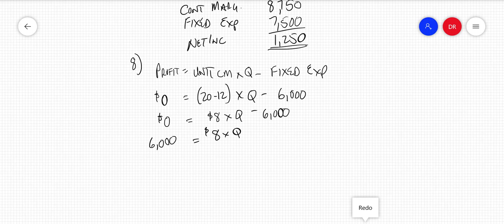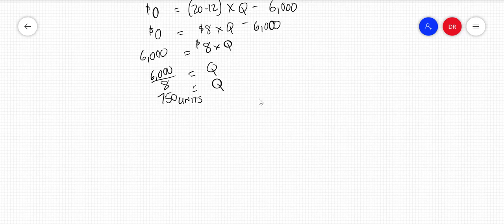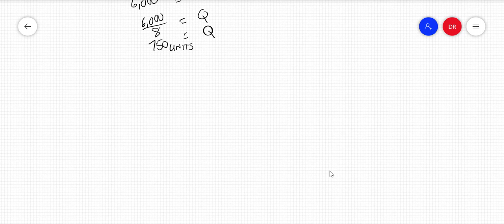And so we divide both sides by 8. 6,000 divided by 8 equals Q. Q is equal to 750 units. Okay, that's number 8.